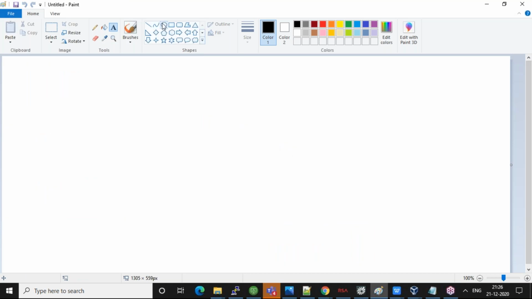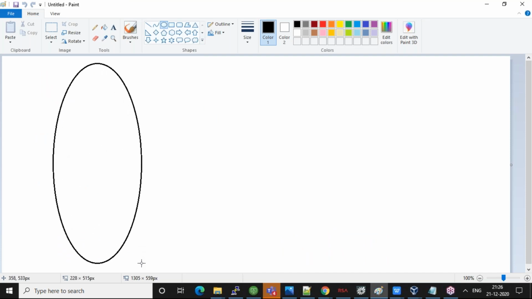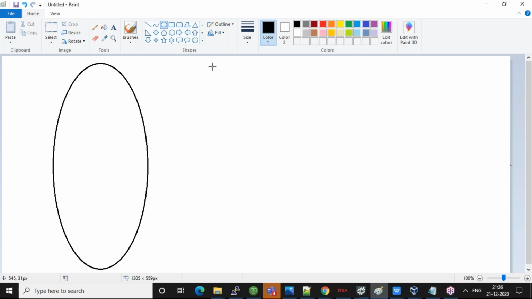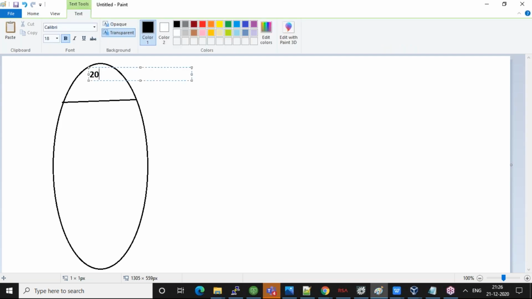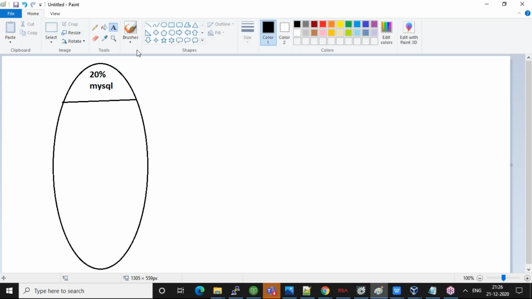Suppose, for example, this is our world. In this world, the first 20% of the data we can process by using an RDBMS. That is nothing but MySQL. There are lots of RDBMS components, but I can give an example like MySQL.